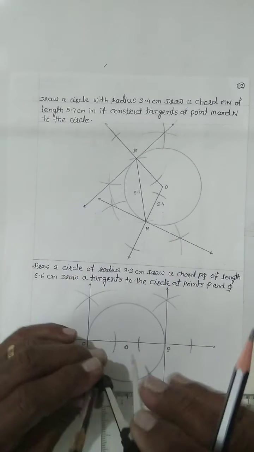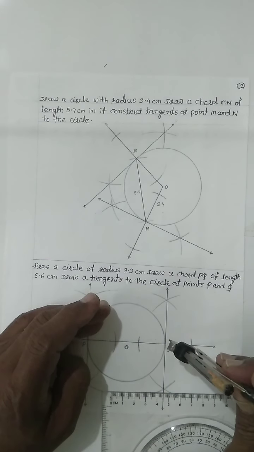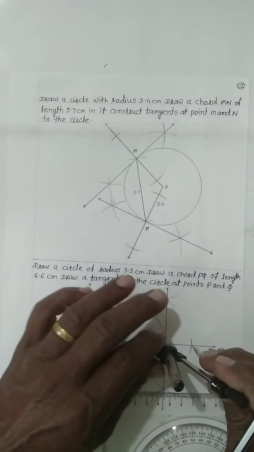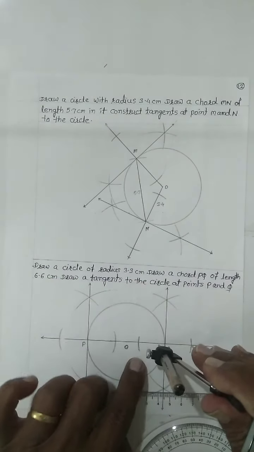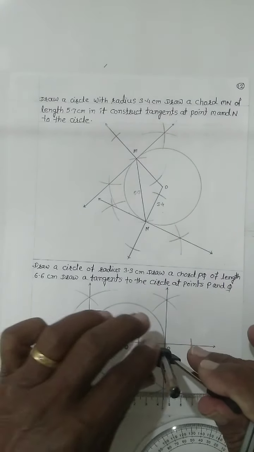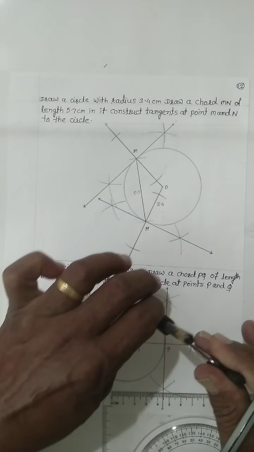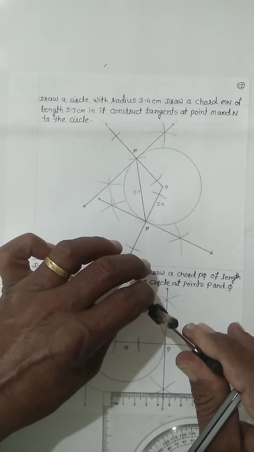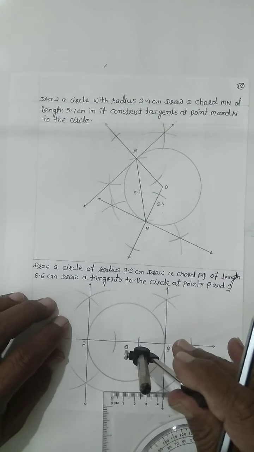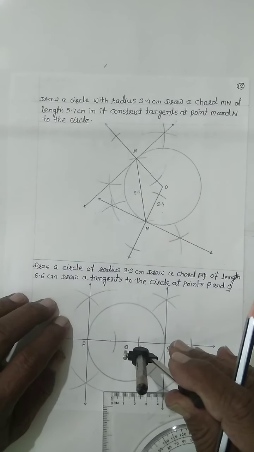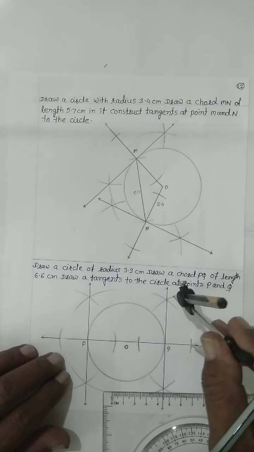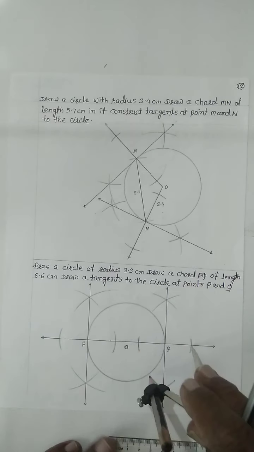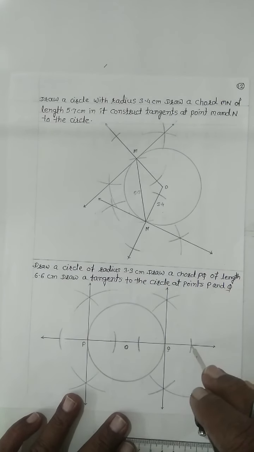Then take a distance between these two terminals of the compass which is more than half of the distance between these two arcs. See, this is more than half, meaning near about the distance between the two arcs. Draw one of the arcs on the upper side, and this is the second arc on the lower side.